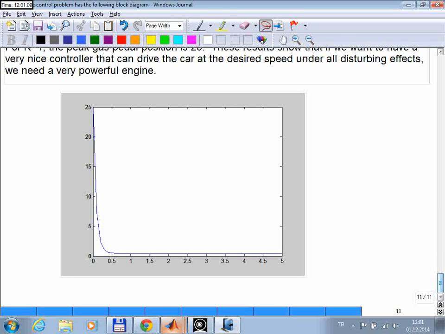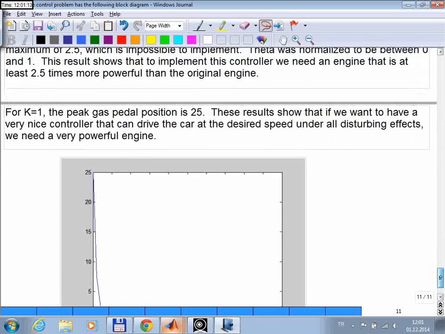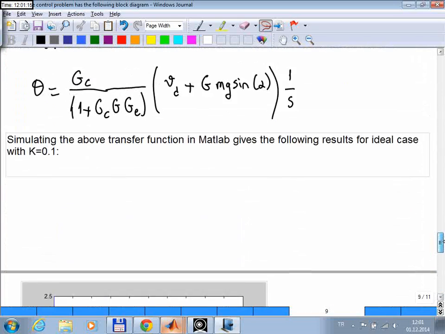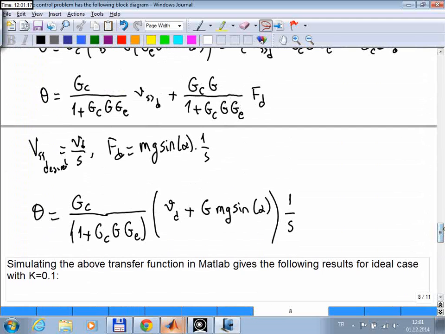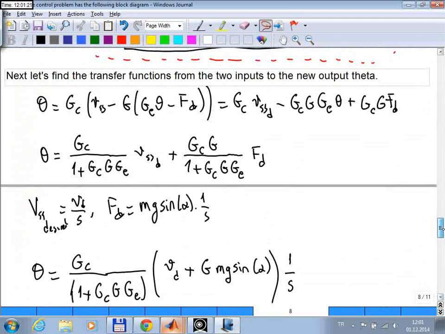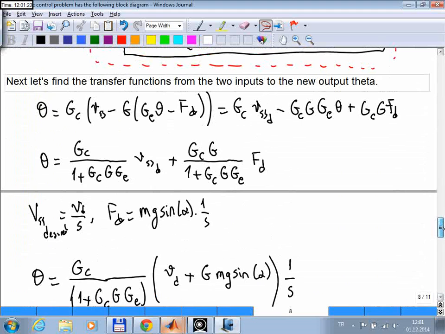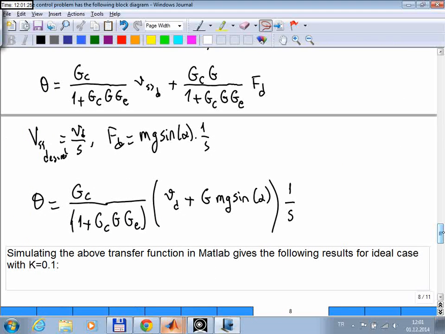Even though in theory you can obtain very nice results, to be able to implement that control in practice, you need hardware that is powerful enough, good enough to support that controller, and in this case that corresponds to the engine.